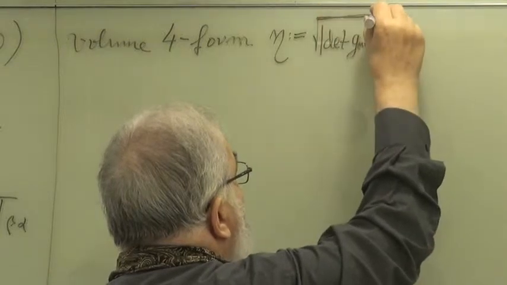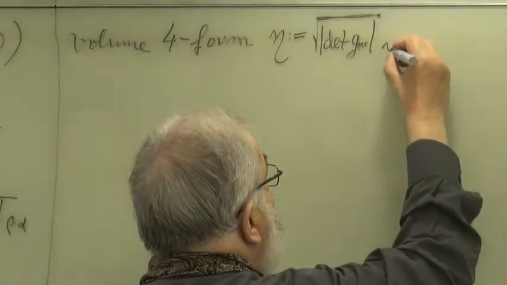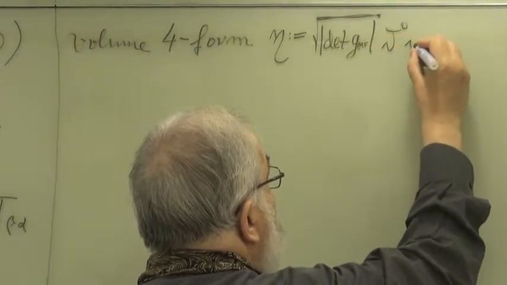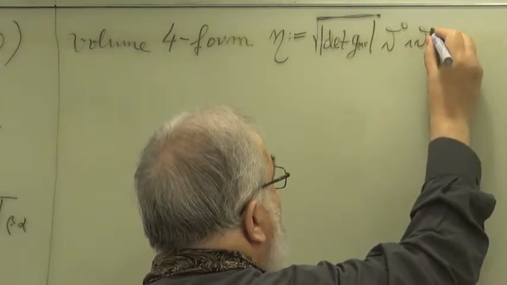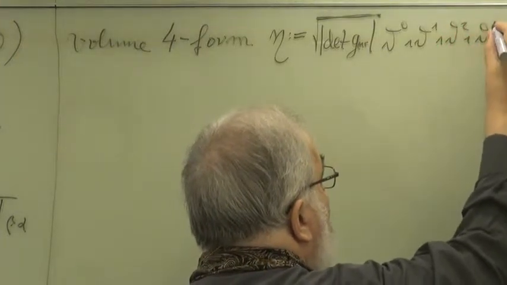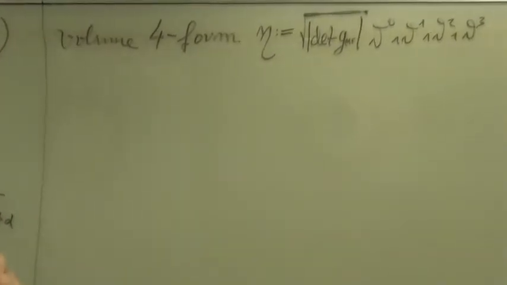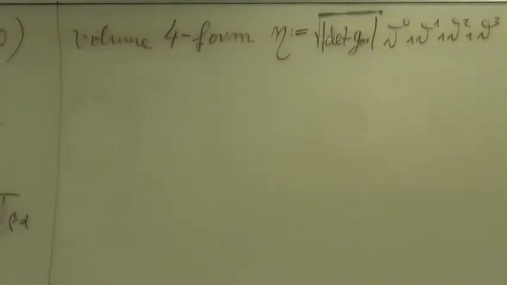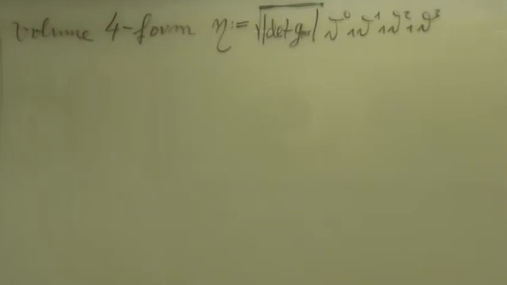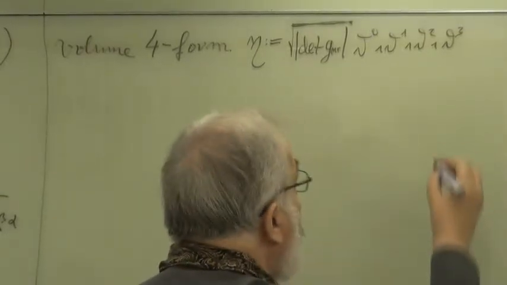And to blow it up to a 4-form, we just take the frame theta^0 wedge theta^1 wedge theta^2 wedge theta^3. And in order to bring this in a different form, in order to be able to apply the usual definitions, we take the Levi-Civita symbol and rewrite it.